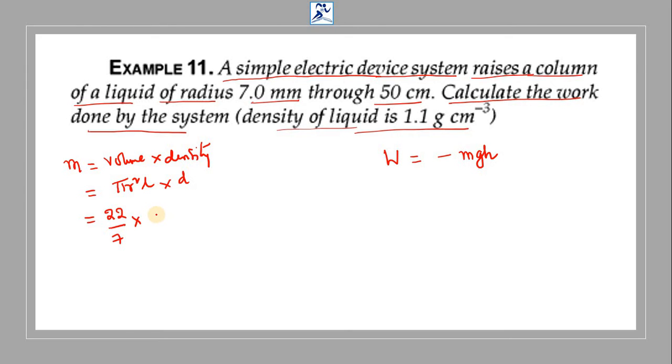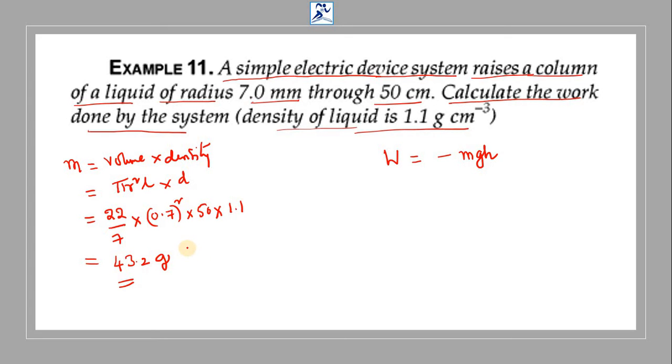Radius is 7 millimeters, so in centimeters it will be 0.7, whole square, into L value given in the problem, that is 50 centimeters, into density given is 1.1. Upon simplification you will get mass 43.2 grams.